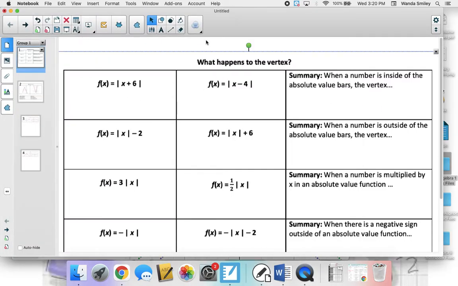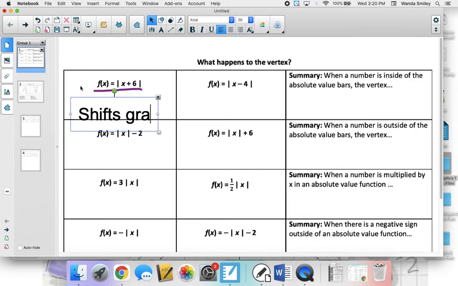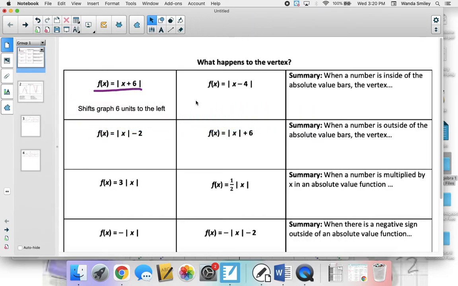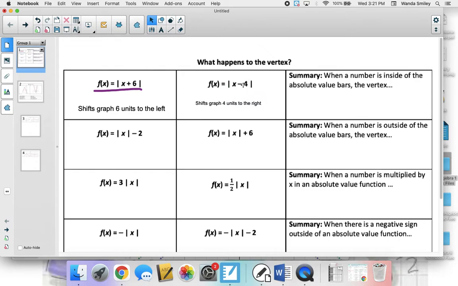So we already filled this part in, and we said that this function shifts the graph 6 units to the left, and this one here shifts the graph 4 units to the right. So the direction it was going is opposite of what it is in the equation or in the function.